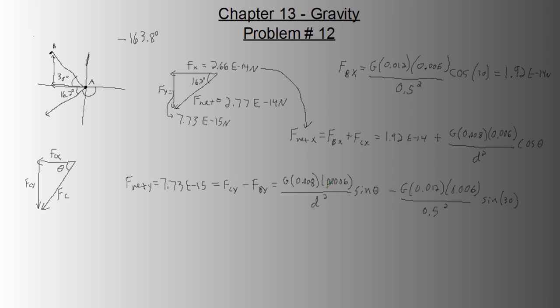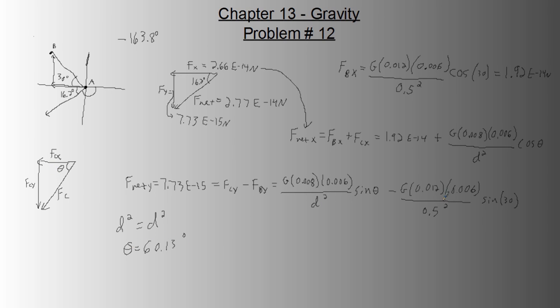So then we can solve for theta. So basically d squared equals d squared. So the d squared for the y equation equals the d squared for the x equation. Solve for theta, crazy algebra, and you get theta is 60.13 degrees. That's this angle here.